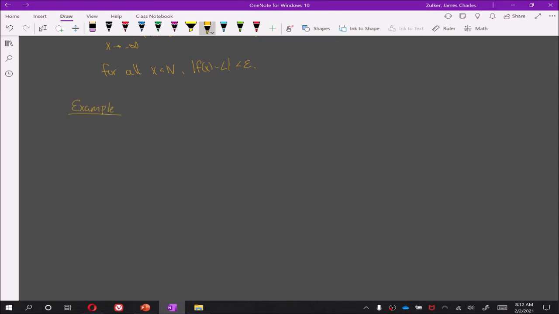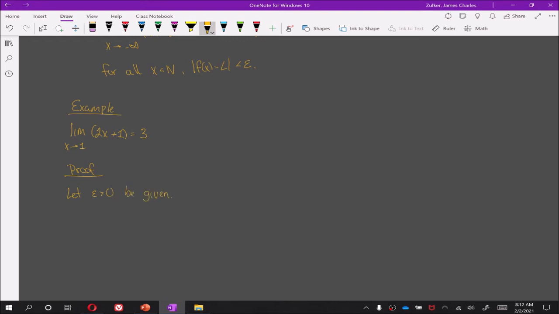So first, let's look at this limit right here. Right, so we want to prove this. So proof. We always let epsilon greater than 0 be given.